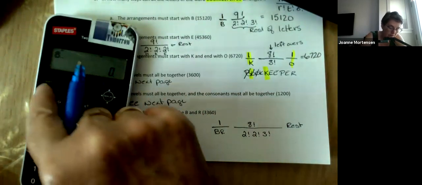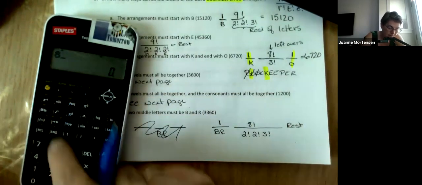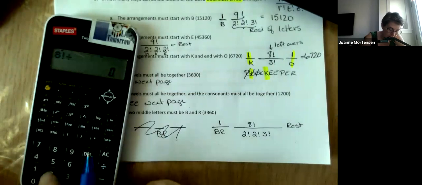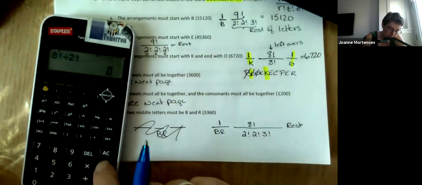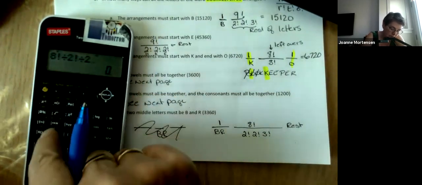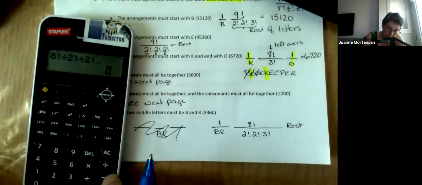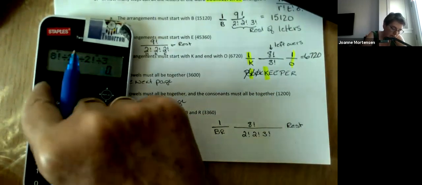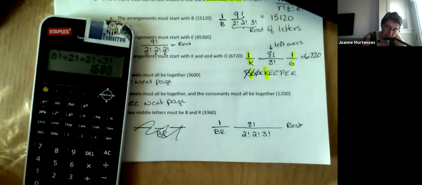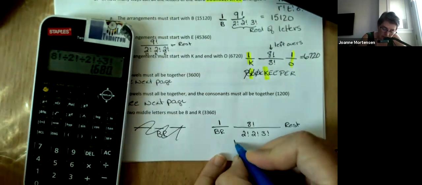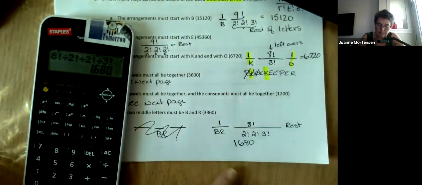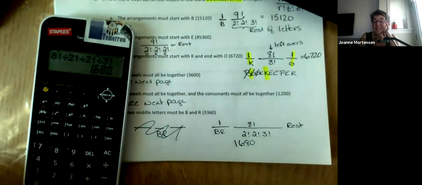So 8 factorial divided by 2 factorial divided by 2 factorial divided by 3 factorial gives me 1680. Now, not big enough, is it?